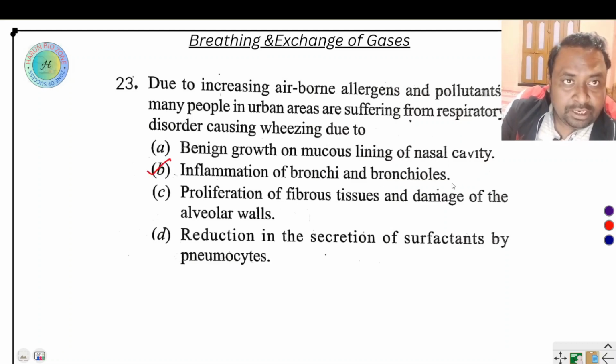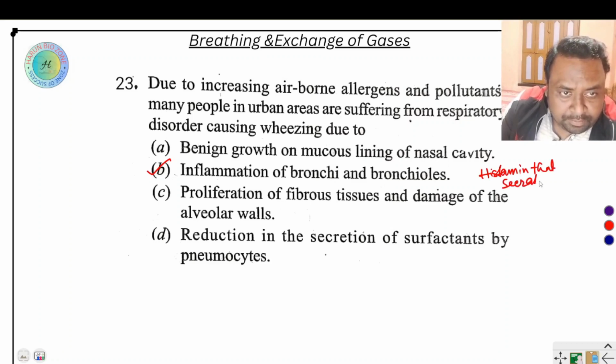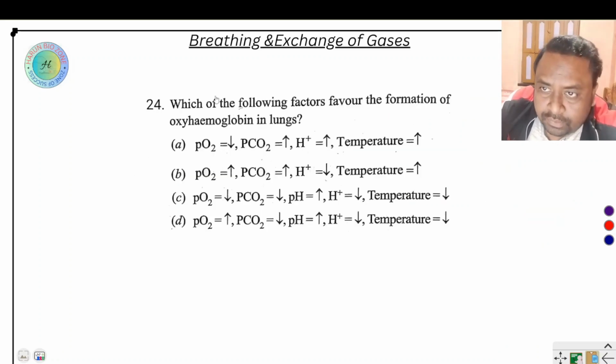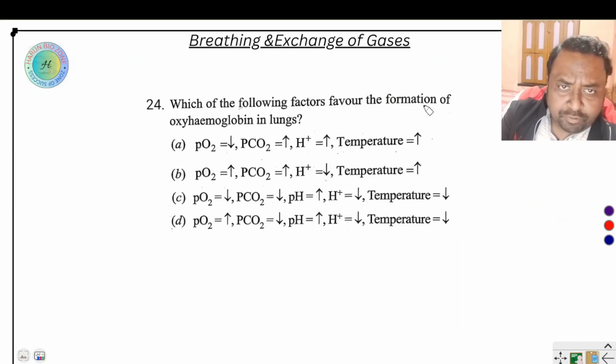This inflammation is caused by histamine that is secreted by the stimulation of IgE antibody. Clear?